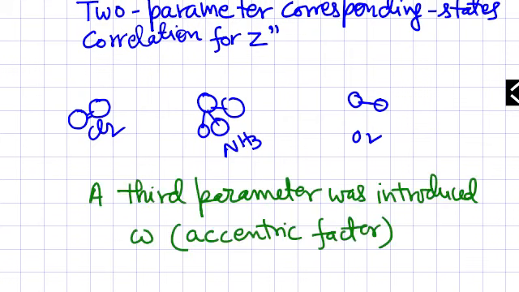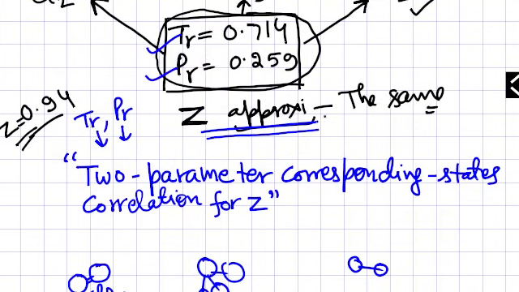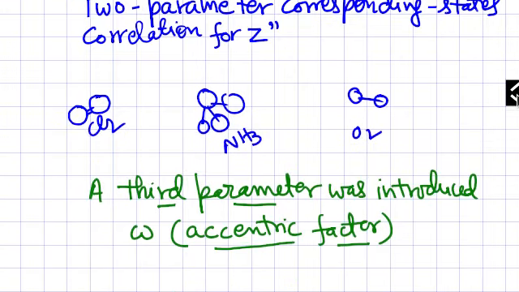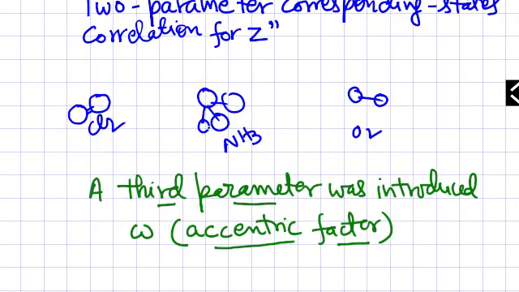To make this theorem more precise, one more parameter was introduced, and that is called the eccentric factor. This is the third parameter. It was introduced to refine this theorem, because it was not giving the exact result, owing to the different molecular structure of gases.